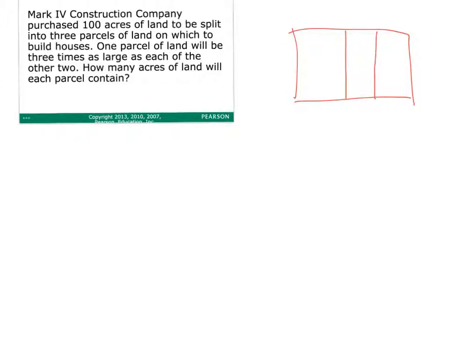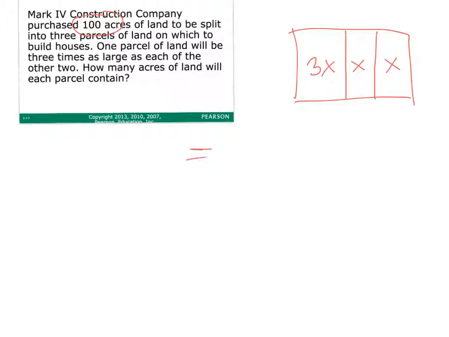Now the problem is we don't know how big the other 2 parcels are either. So let's let our small parcels both be size x, since we have no idea how big they are. And then the large parcel is supposed to be 3 times that size, so we'll have the large parcel be 3x.